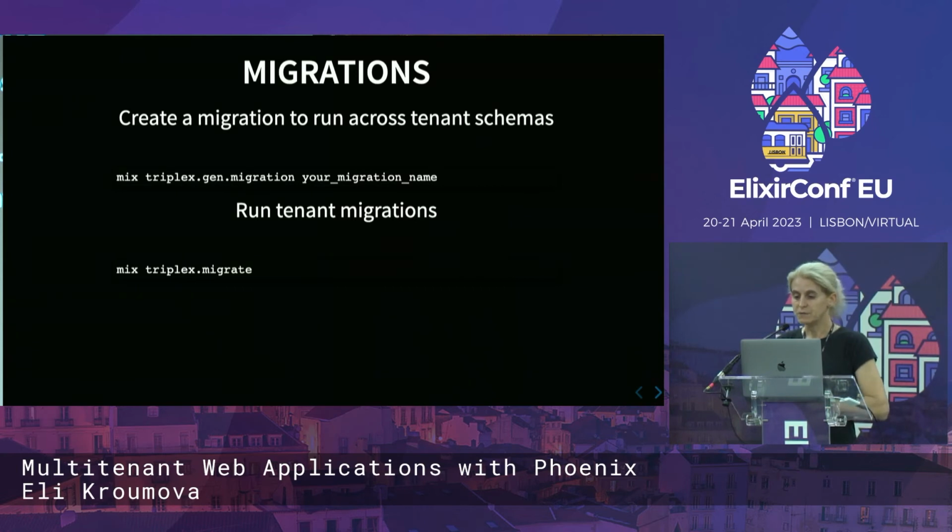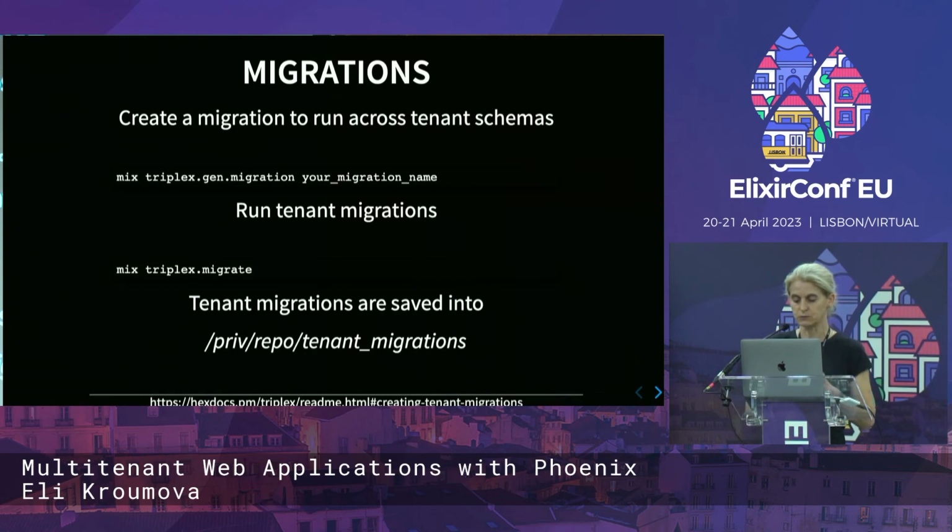In order to create migrations, you also have to use the Triplex library in order to apply all of the migrations that you have created to all of your tenants, because it's very important to keep the same structure for all of them. So the Triplex library provides a mix task for creating migrations and for applying them to all of the tenants.